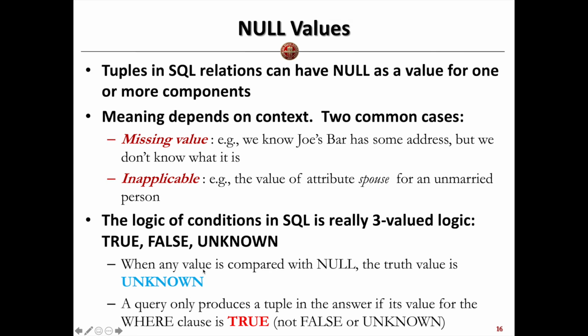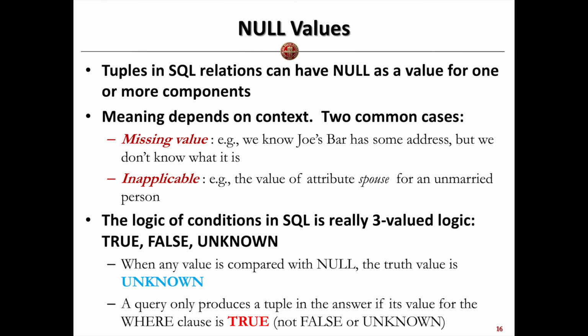When we compare any value with a null, the truth value of the condition will be unknown. Therefore, the logic of conditions in SQL has three values. Besides true and false, we also have unknown. This is something we need to pay attention to when we are designing these conditions.